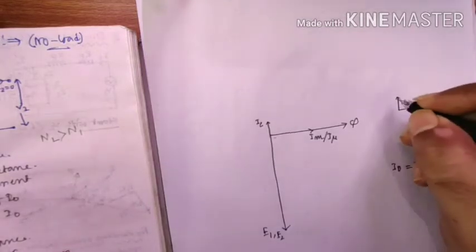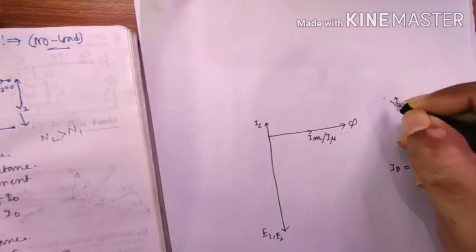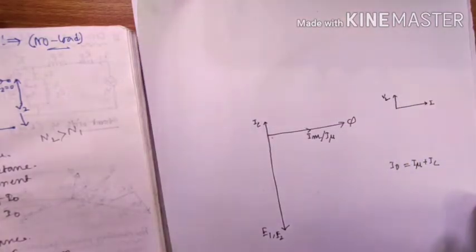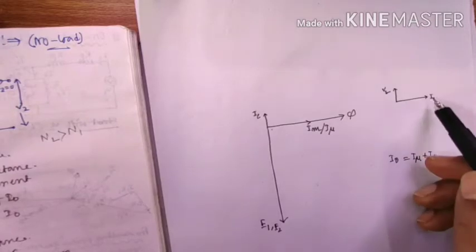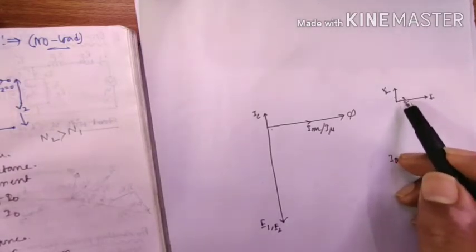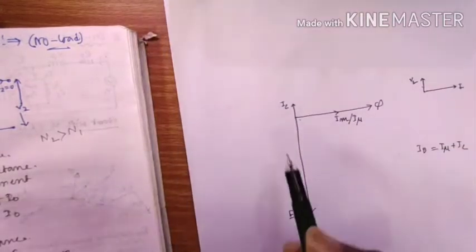So that means we should write in this way: voltage developed across inductor L, not load, inductive load. Because in case of inductor, current lags by an angle 90 degree with respect to the voltage. So why am I saying this kind of thing?